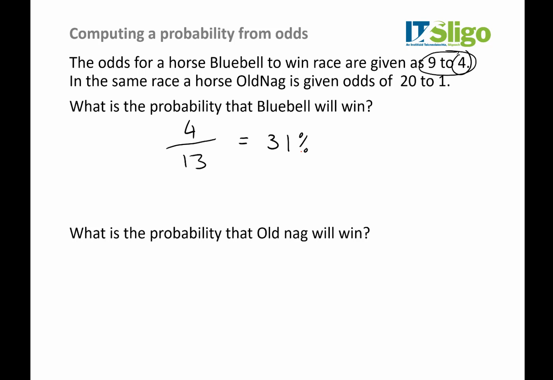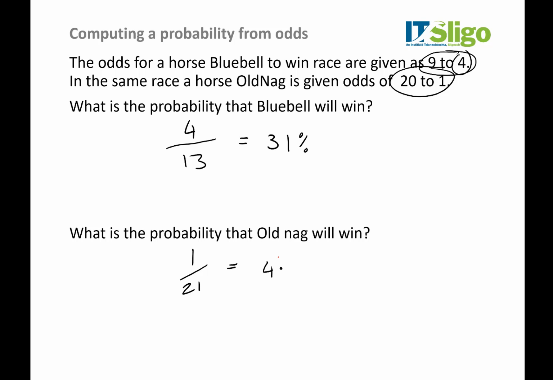What's the probability that Old Nag will win? Well, Old Nag is 20-1. Again, we add these together, though. So now, when we work this out, it's probably about 4.8%.